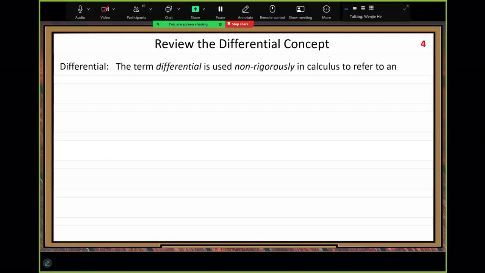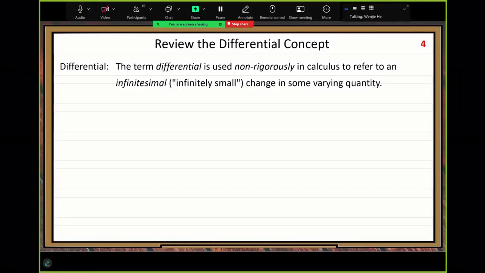The term differential is used non-rigorously in history, not the current definition, which is very rigorous. In early history, it was non-rigorous, used in calculus to refer to an infinitesimal.